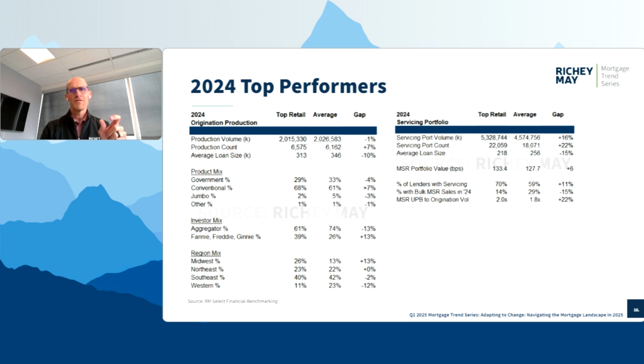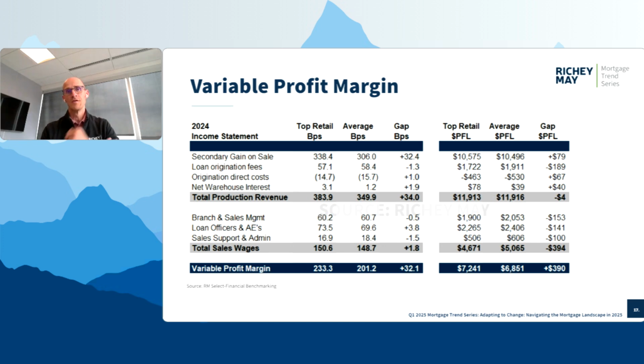But if you look at the difference in performance on gain on sale alone, it was 30 basis points. So the servicing value, that initial capitalized value, if they retain the servicing, or the portion that would be the SRP if you're selling released to the aggregators, that difference is only 6 basis points of the 30.